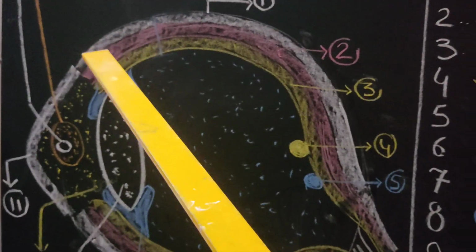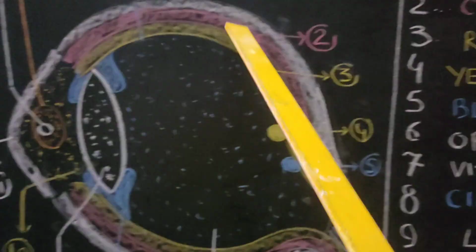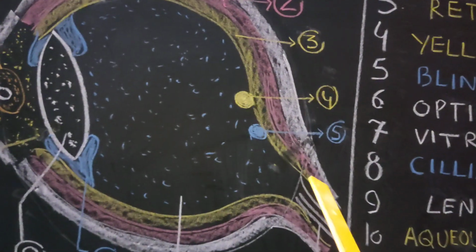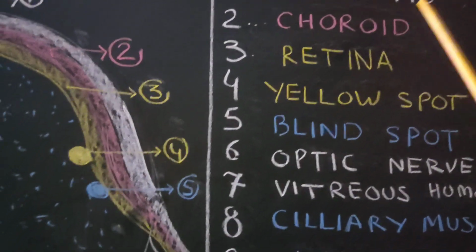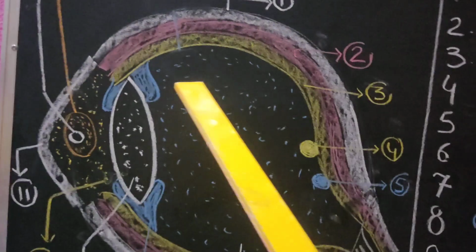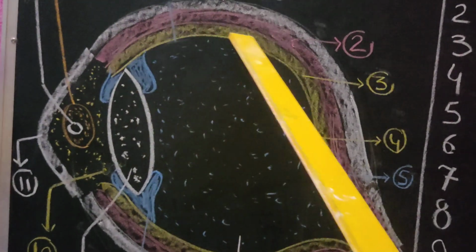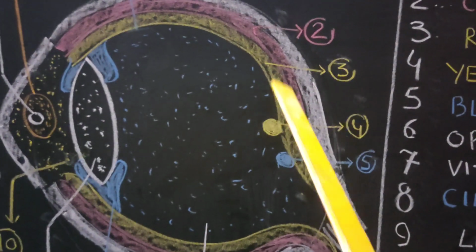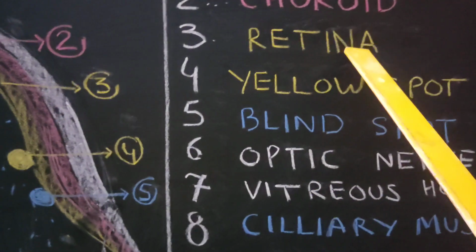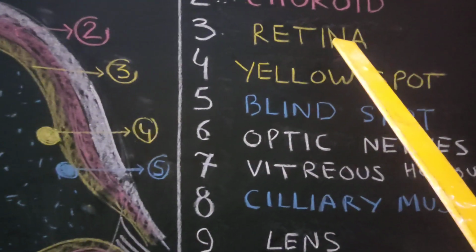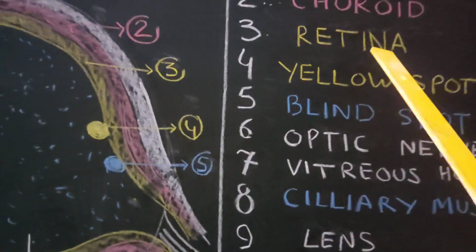Inside, the second layer is reddish. I have marked it as number 2, the choroid. Choroid means the color of red. Then the third layer that I have shown here in yellow is the most important layer of the eye, called the retina, where the image is formed. So the retina is the most important.